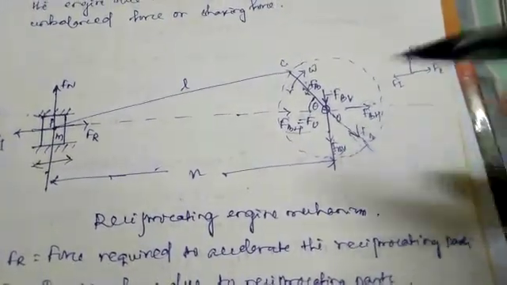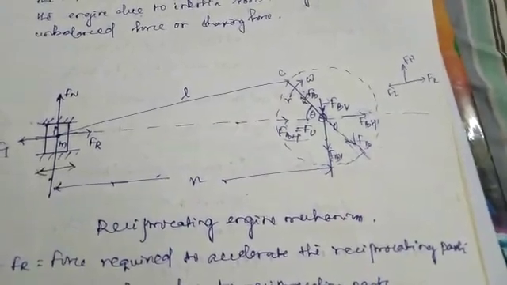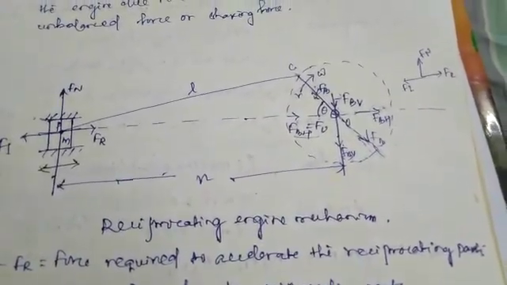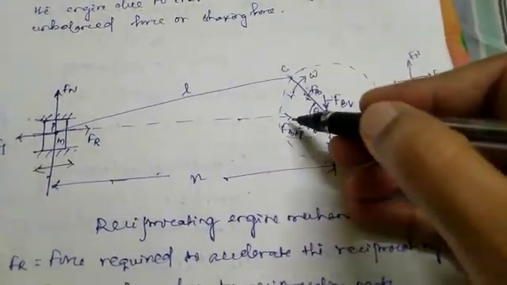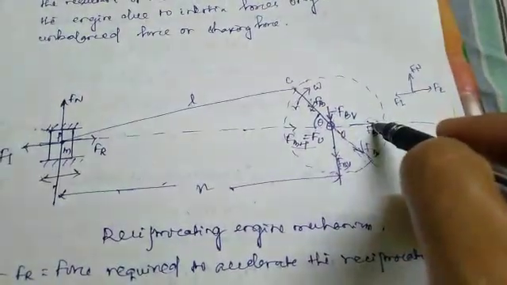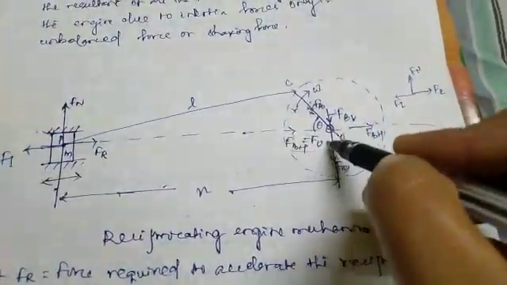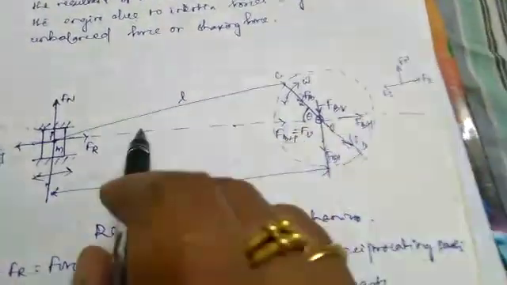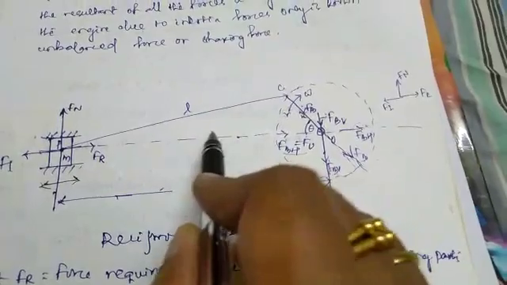Clear? So as Fi and Fr have already been balanced, here Fbh is the unbalanced force in the line of stroke. Clear? Because the part is reciprocating in this direction.